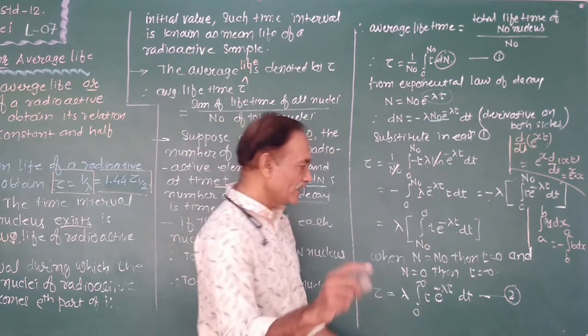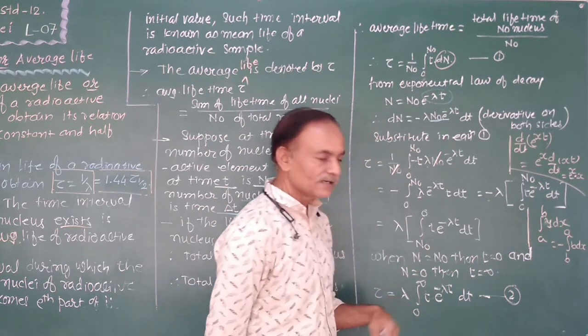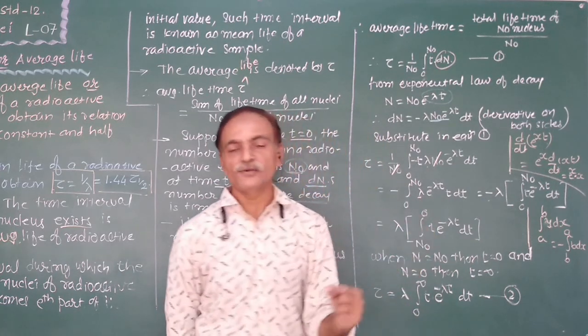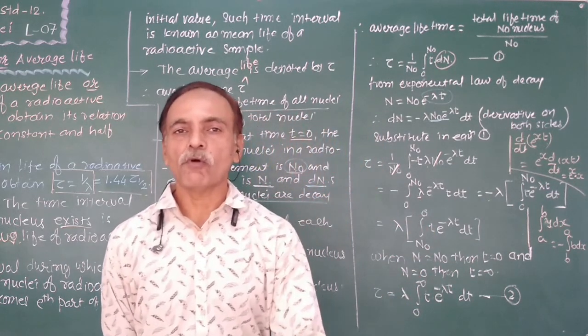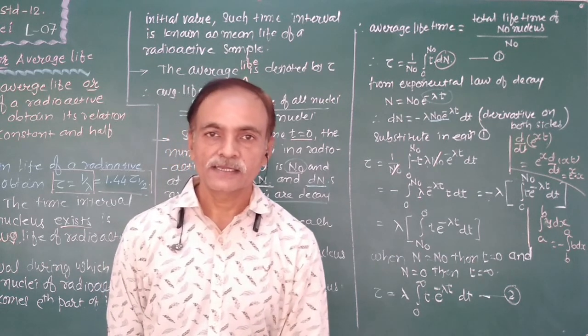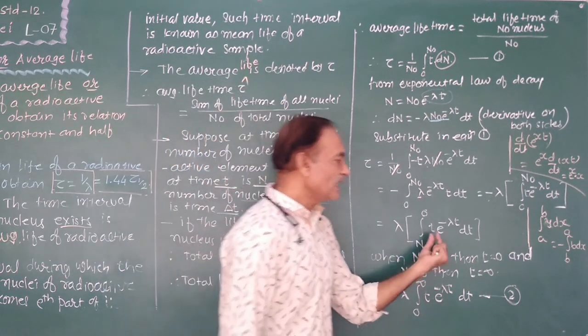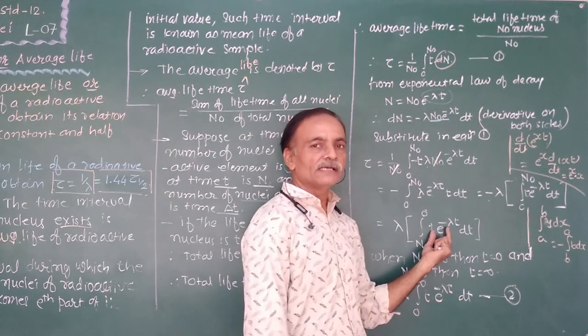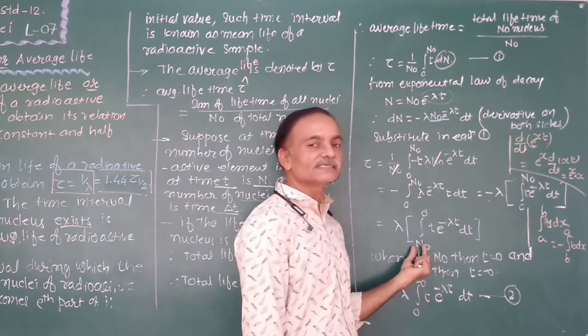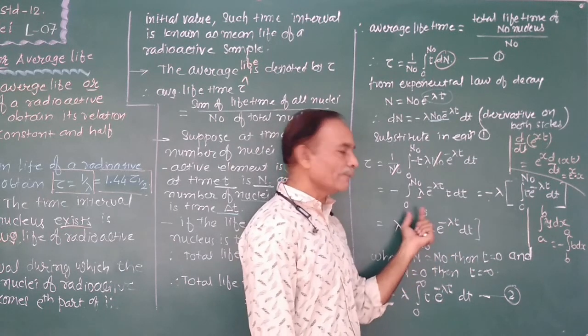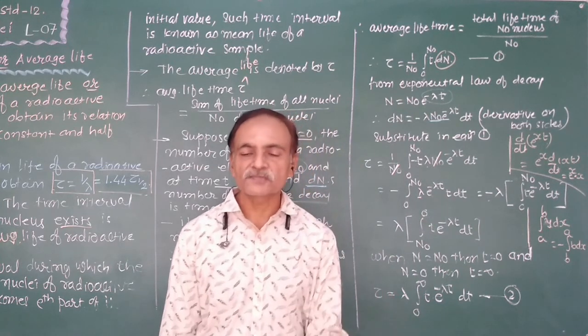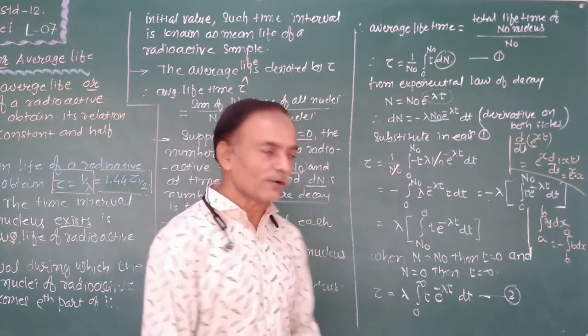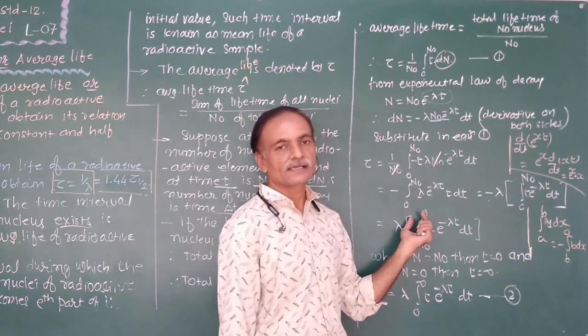Now listen carefully. In this integration, the limits n0 and 0 are values of the number of nuclei. But the right hand side is a function of time. Therefore, we have to change the lower and upper limits in terms of time instead of the number of nuclei.